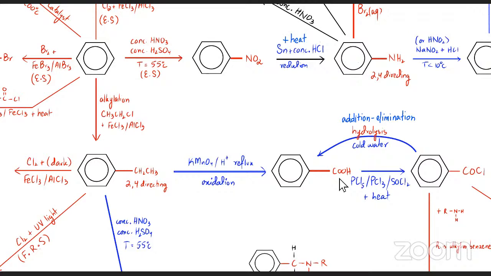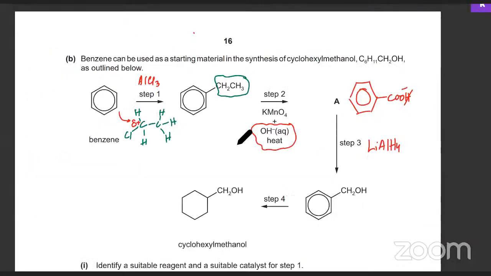Yes, sir. The only thing was that the conditions that they gave us were alkaline. So that means under alkaline conditions, you're not going to have a carboxylic acid because the acid will eventually end up reacting with the alkali. So you'll have a salt of the carboxylic acid, not the carboxylic acid itself. Then reduction happens.